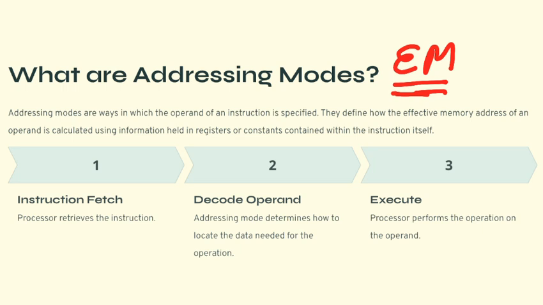You need that operand, and that operand is stored somewhere in memory. The address where it is actually stored is known as the effective memory address. How to fetch that effective address comes under addressing modes.